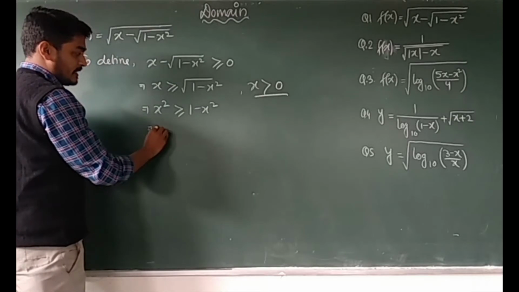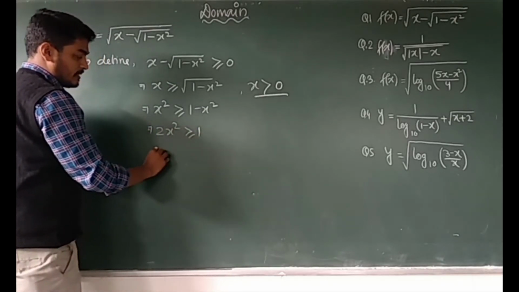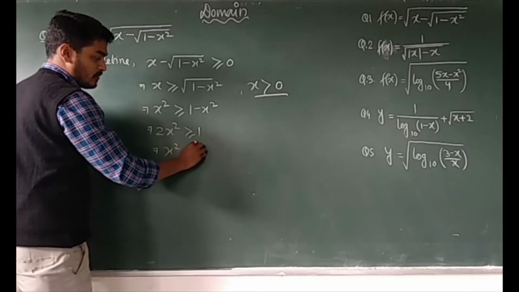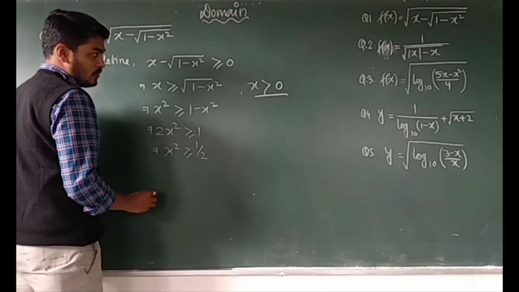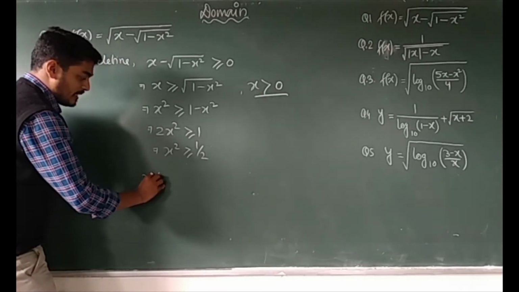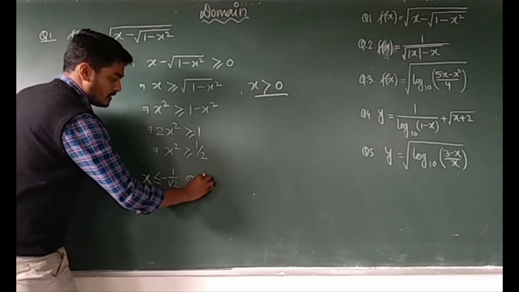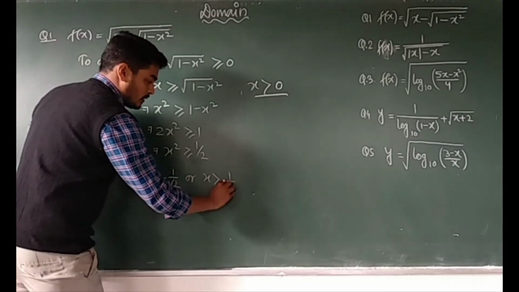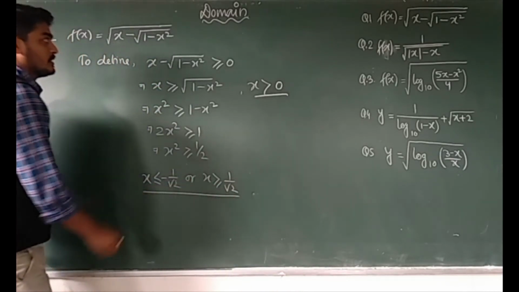So we can easily say that 2x square is greater than or equal to 1, or x square should be greater than or equal to half. This implies the value of x should be less than or equal to minus 1 by square root 2, or the value of x will be greater than or equal to 1 by square root 2. From the condition we have got this one.